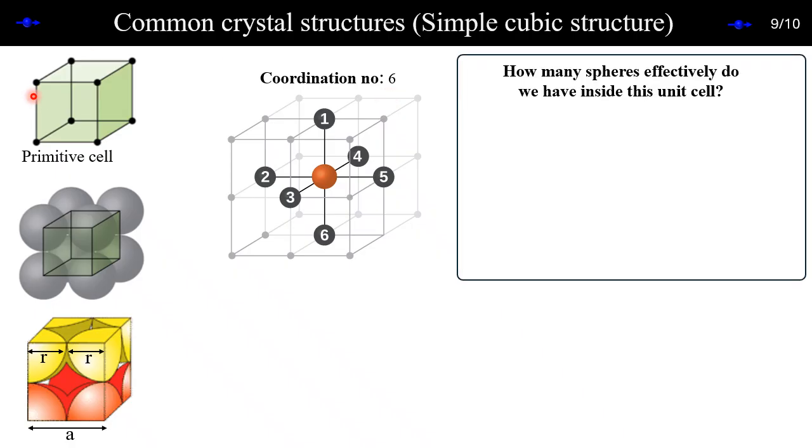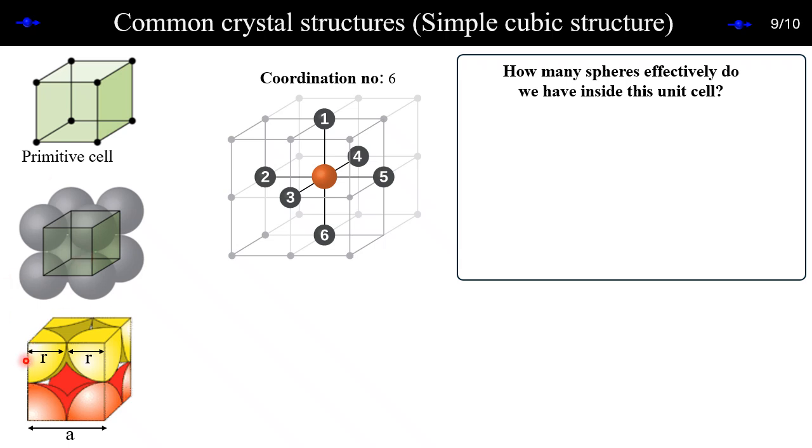Now imagine I'm filling these lattice points with solid spheres. How many spheres can I have? 4. Now some part of the spheres are inside and some are outside. Effectively, how many spheres are inside?